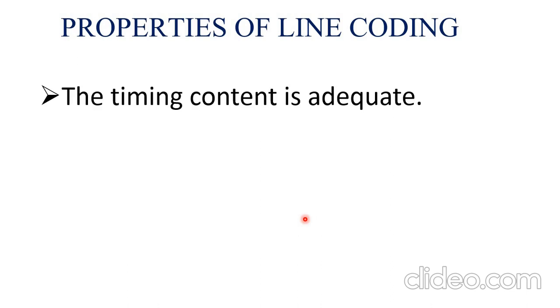So for regeneration of data, it is amplifying and then regenerating. I have already discussed the regenerative repeater in my previous video. If you want to see it, you can check it.